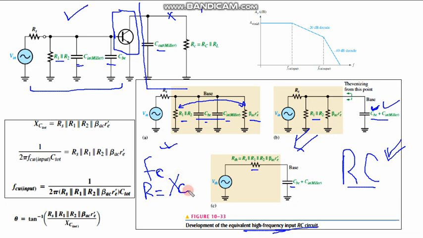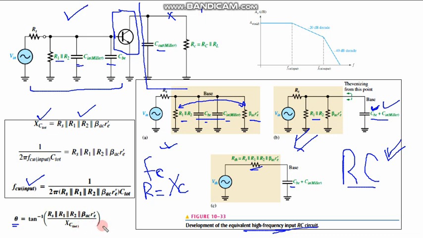So when they are equal, we can calculate the critical frequency, which is given by this, and the phase shift, which is given by tan inverse of R divided by XC.